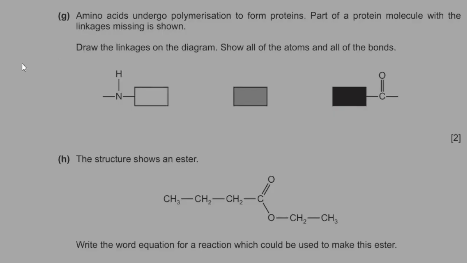G. Amino acids undergo polymerization to form proteins. Part of a protein molecule with the linkages missing is shown. Draw the linkages on the diagram and show all of the atoms and all of the bonds. Each amino acid has one amine group on one side, and on the other side it has a carboxylic acid group.